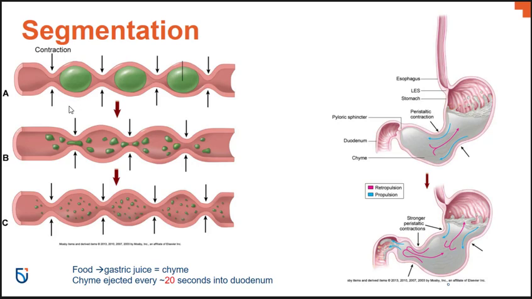So when we talked about that reflexive action, when a bolus moves through the GI tract, we know that it causes peristalsis as well. But segmentation will also be stimulated, where you get these forward and backward contractions.